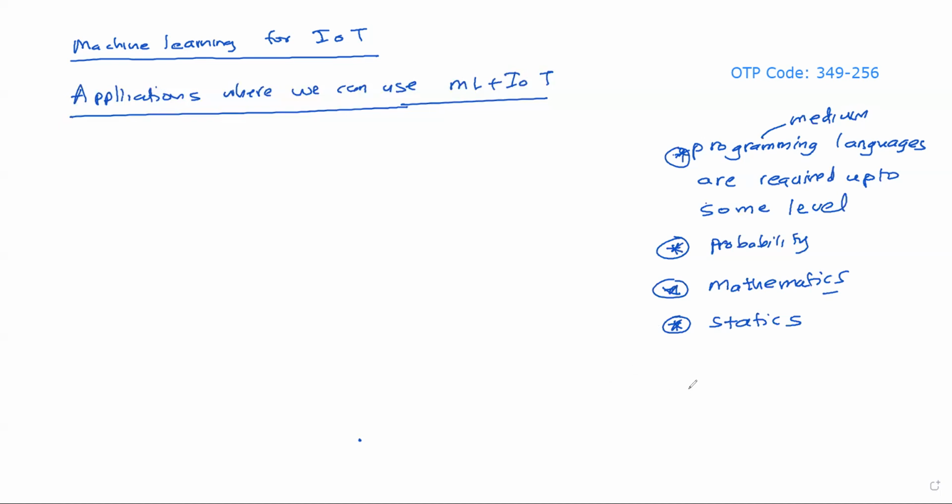When we talk about programming languages, Python is widely used for training machine learning models. You can use available libraries like Pandas, I mean, NumPy.